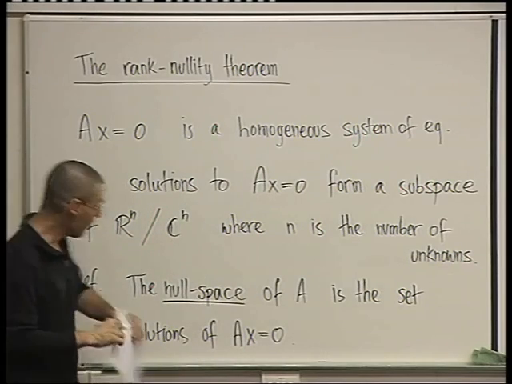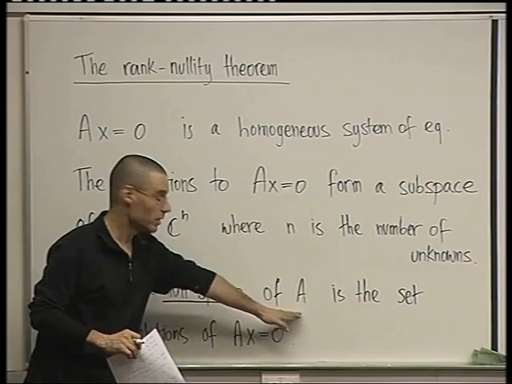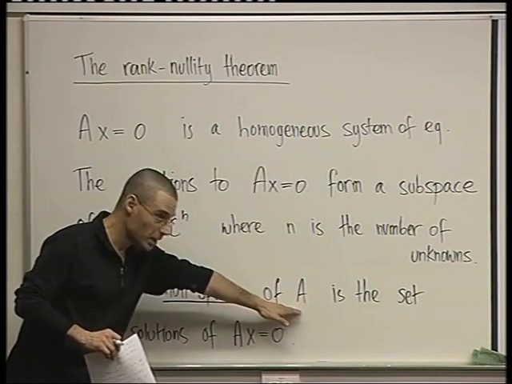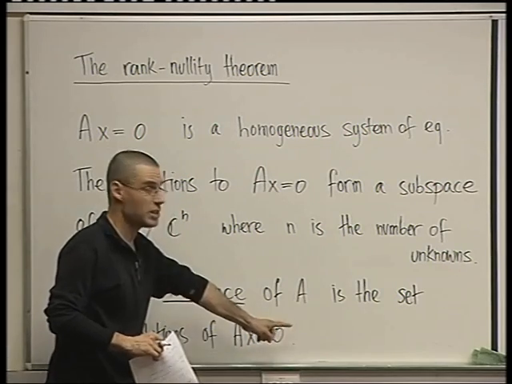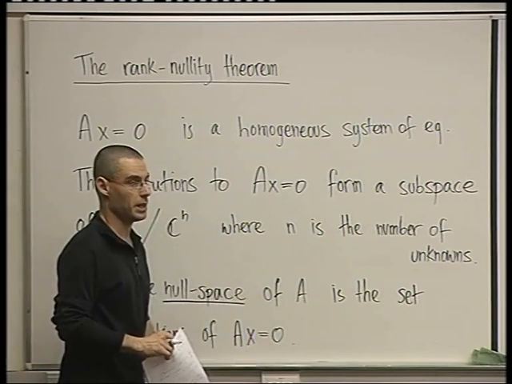So it's a property of a matrix. The null space of a matrix is precisely those vectors which A sends to 0 by multiplication.